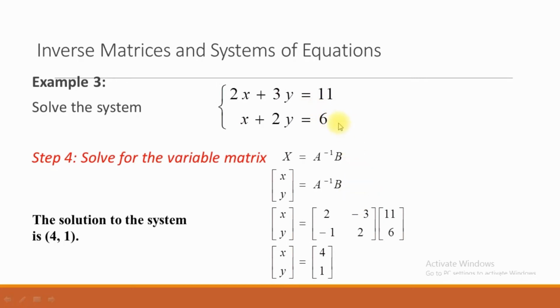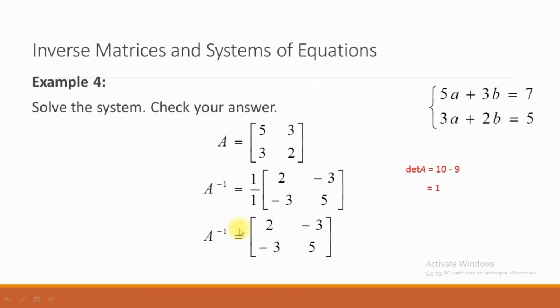So matrix B has the entries 11 and 6. Now multiplying these two matrices, we obtain the solution of the system, 4 and 1. So the value of x is 4 and the value of y is 1.